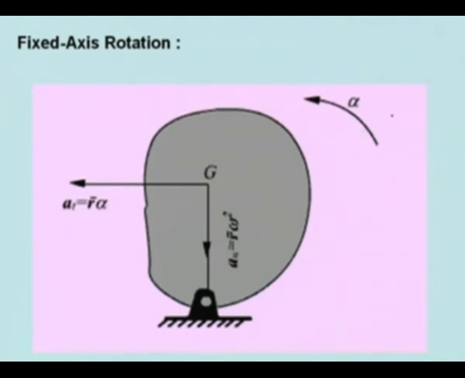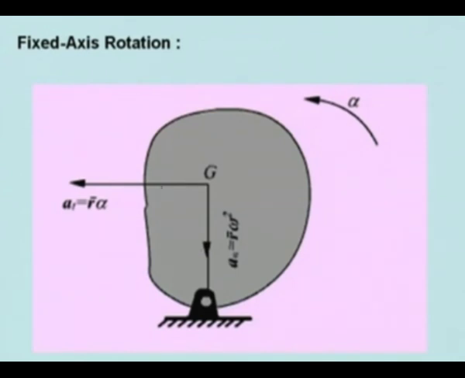Now let us discuss another type of motion, that is fixed axis rotation. In fixed axis rotation, this is the body which is rotating about the point O, and I have shown the mass center G here. Then you have a_t equal to r times alpha. It is rotating about this point.